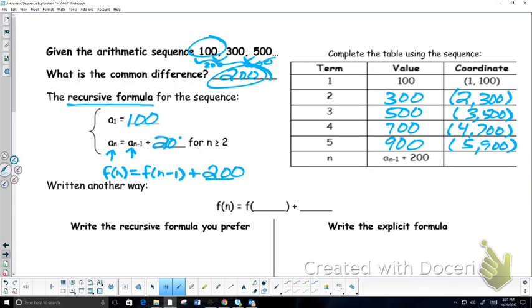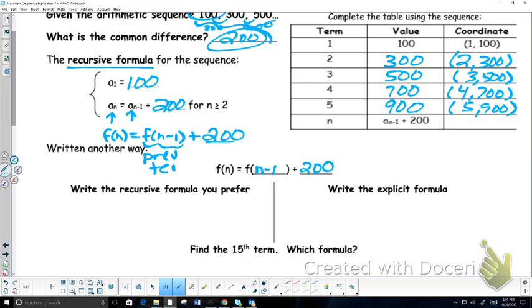So these two things do the exact same thing, they just look a little different. And I need for you to be able to recognize that any time that common difference is being added onto the end, you're talking about the recursive formula. This part right here always says the previous term.